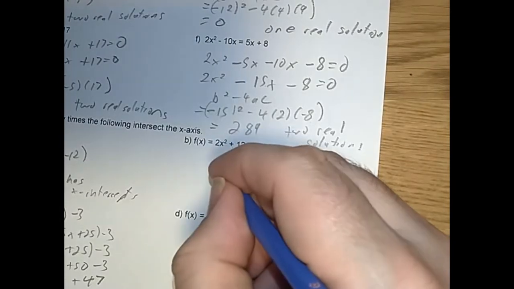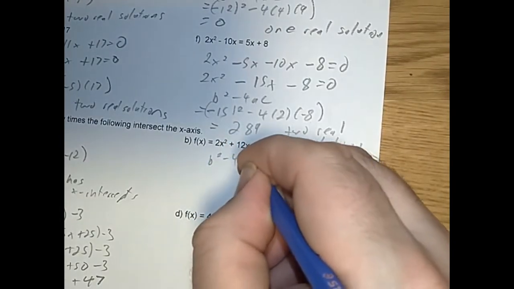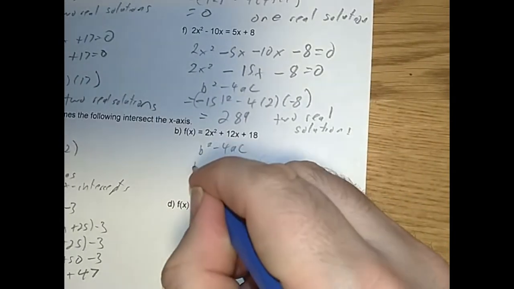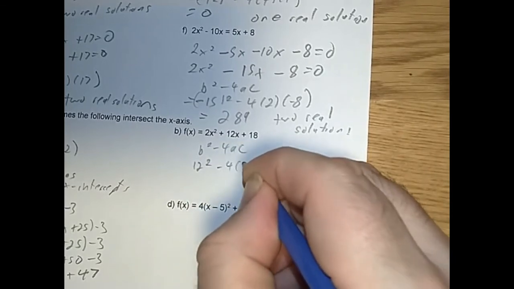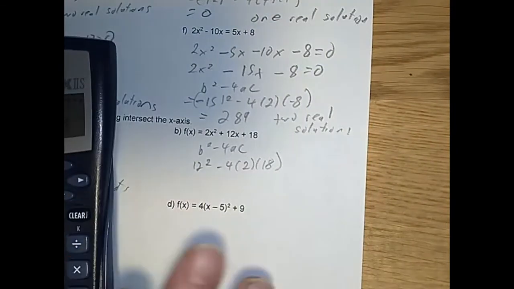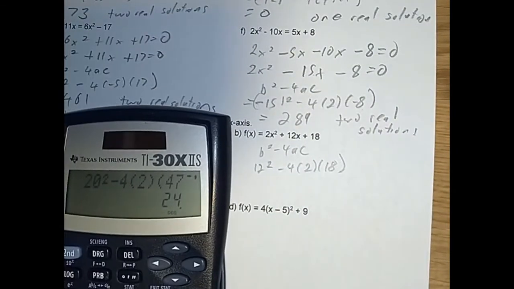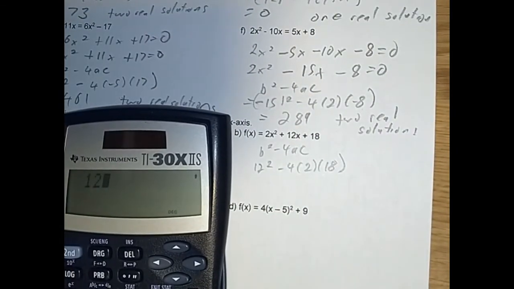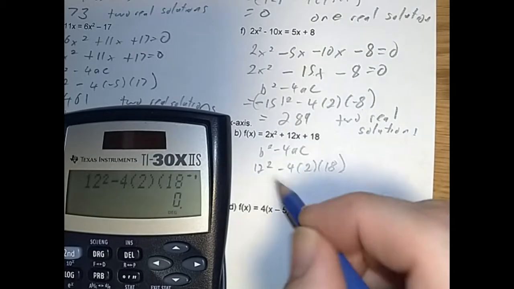So b squared minus 4ac. So b is 12 squared minus 4 times 2 times 18. So then we go to our calculator here, and I go 12 squared minus 4 bracket 2 bracket 18, and I get 0.